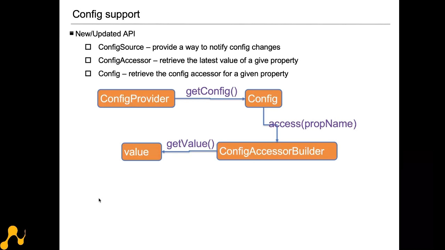Currently you directly do a config.get value, right? And you could go through another layer, the config accessor builder, to have extra processing of these properties.